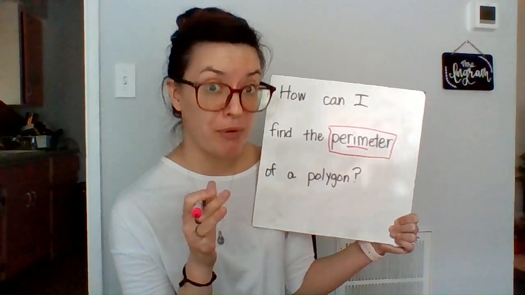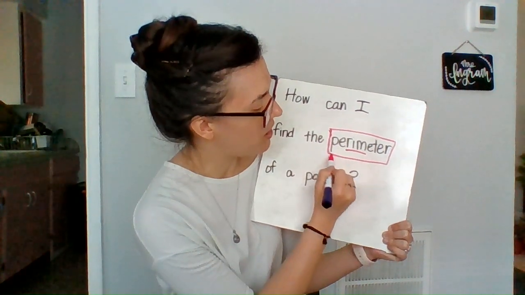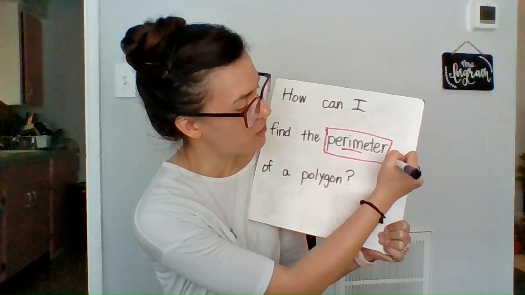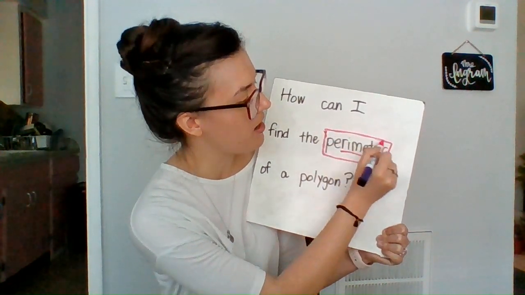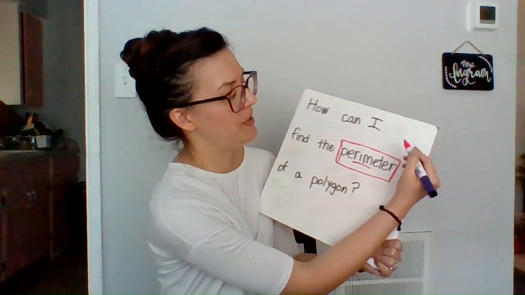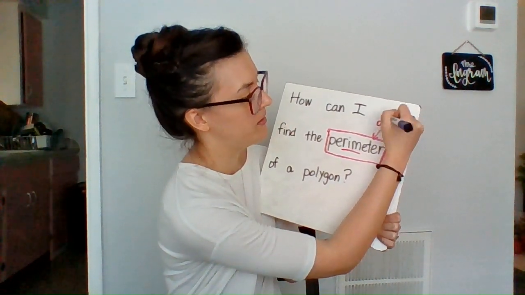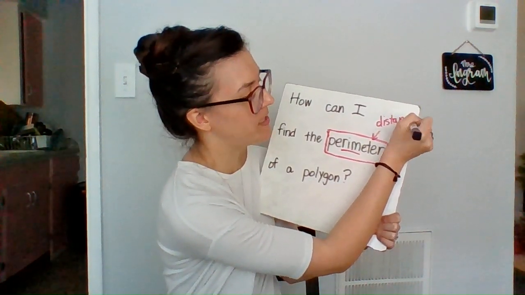So when we're finding the perimeter, we are figuring out how long or how much altogether all of the sides are when you add them up. So that was our perimeter. Remember, that is the distance around a shape.